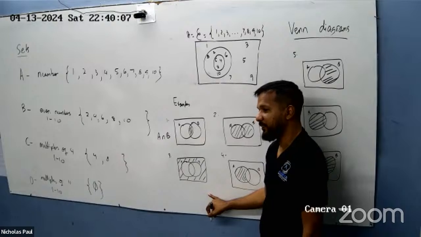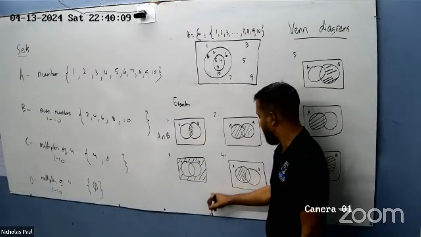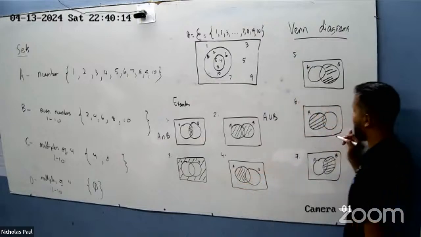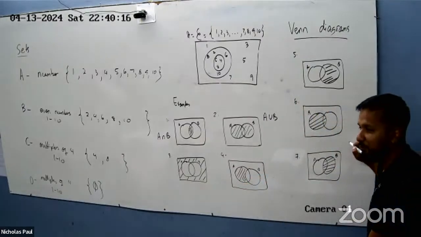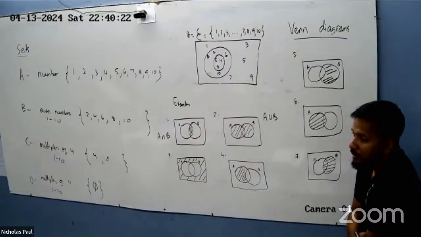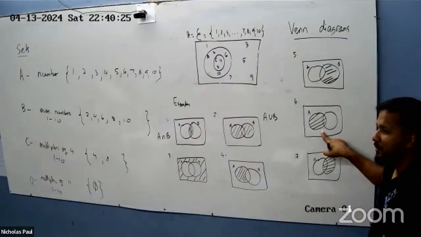What do you think? All right, I'll give you an easy one. Number 6 is what? Look at what's shaded.